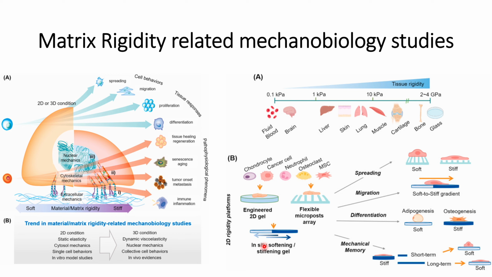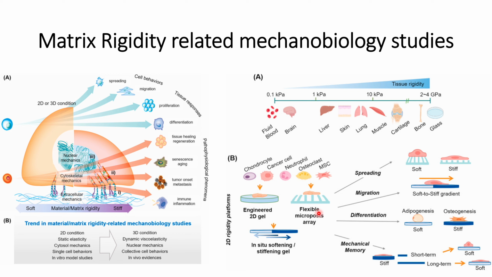You can go through the i button for the link, in which the cells will observe both the soft ECM and the stiff ECM while moving from one side to the other.